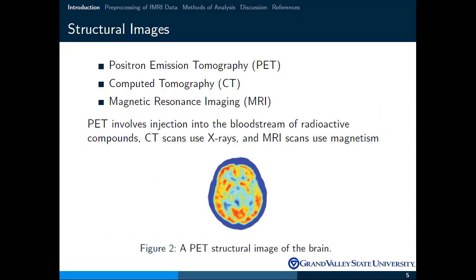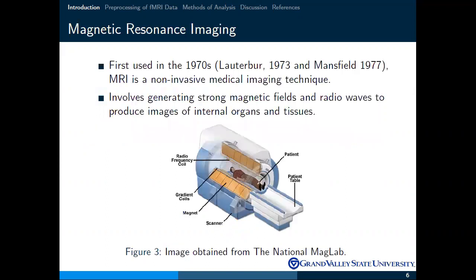And then we have magnetic resonance imaging scans, MRI scans, which use magnets and the varying magnetic properties of different tissues in the body to produce a three-dimensional image of the body or brain. So MRI in particular is useful in that it's a non-invasive medical imaging technique.